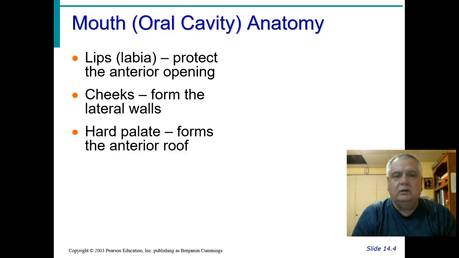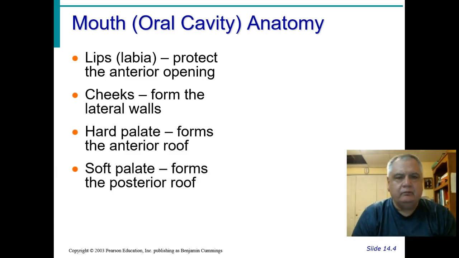The hard palate forms the anterior roof of the mouth, and it's formed by the palatine bones and the maxillary processes of the maxillae. Next up, we have the soft palate. It forms the posterior portion of the roof.